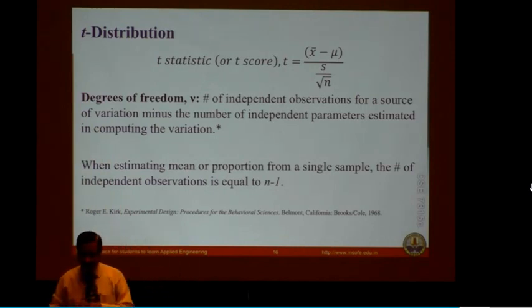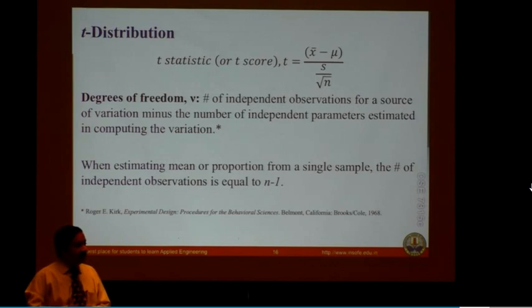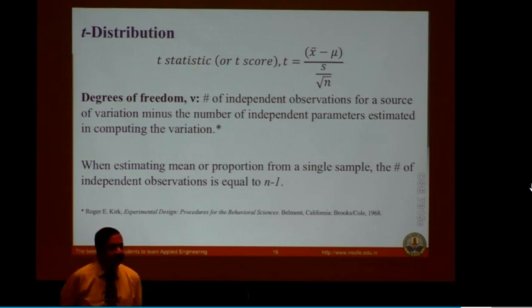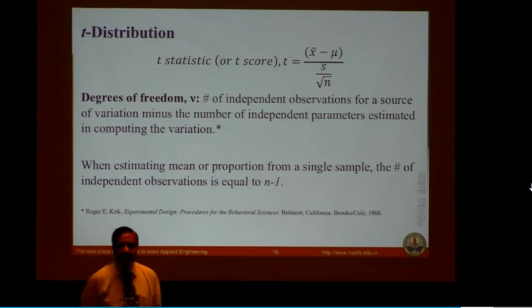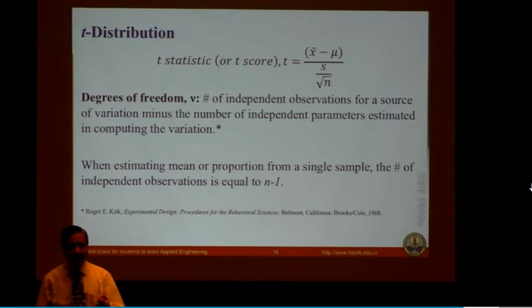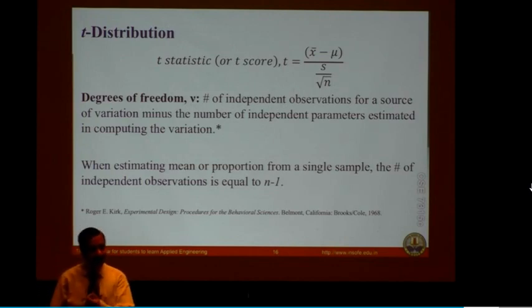In fact, when we calculate our standard deviation and variance, how do we calculate that for a population? What were we doing? Variance for a population was the sum of all (X minus mu) squared, divided by n. If I do the same thing for a sample, I put n minus 1.